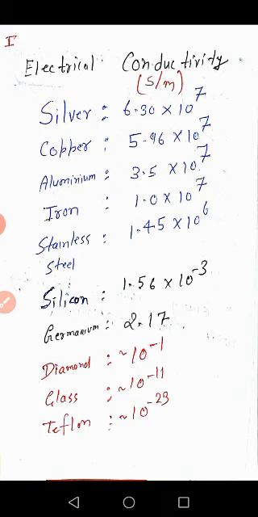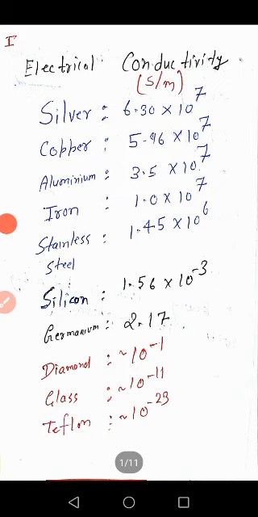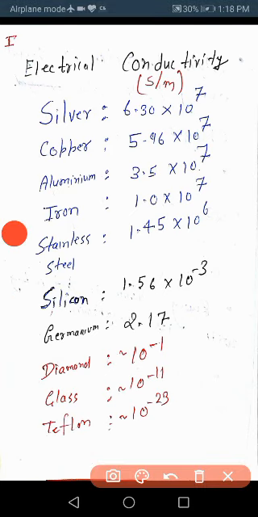Here, first we will look at the practical values of conductivity for various materials. In the list, the first material is silver. The conductivity of silver is 6.30 into 10 raised to the power 7, and the unit of conductivity is Siemens per meter.